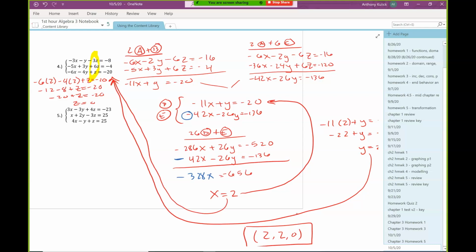I would finish the problem with your little mistake in there, especially if you acknowledge that, like, I know this isn't the right answer, but I couldn't figure out what I did wrong. So I just finished the problem with this wrong value for x, and I know that the y and z are also wrong because of that, but I've demonstrated I understood what to do. I just made some kind of silly arithmetic mistake, like I forgot to copy a negative sign.